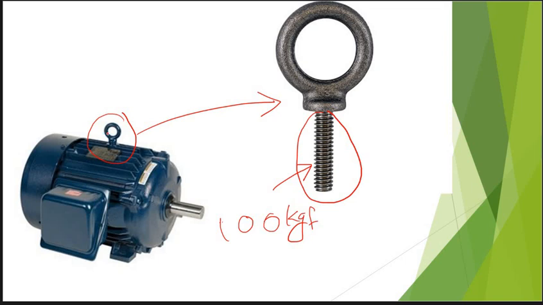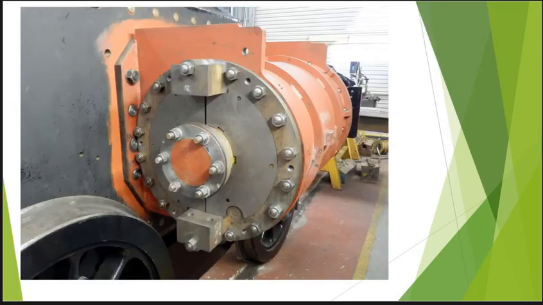Normally this eye bolt is used for lifting electric motors or generators or other such machines. The eye bolt is attached to the body of the motor with the help of the threaded portion. Sometimes we use a hook, which will be inserted through this eye bolt, and we will lift the electric motor. At that time all the weight of the electric motor will act on this threaded portion. That is an external force.